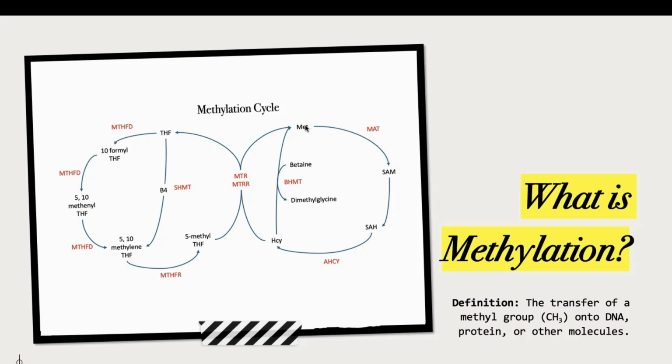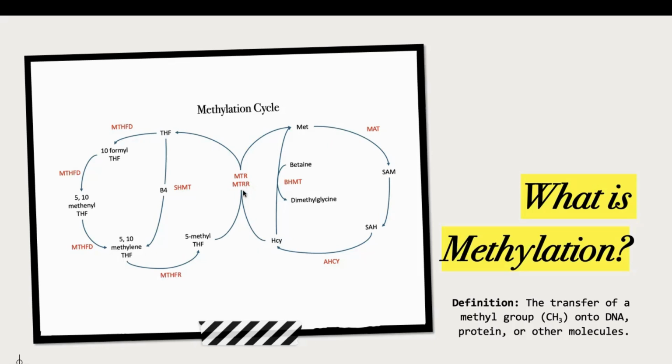What you actually have is methionine comes in. This is an amino acid. It goes through this cycle through a few different forms until we get to homocysteine, which we'll talk about a little bit later, and which some of you might have heard of as a good measure of how methylation is working.